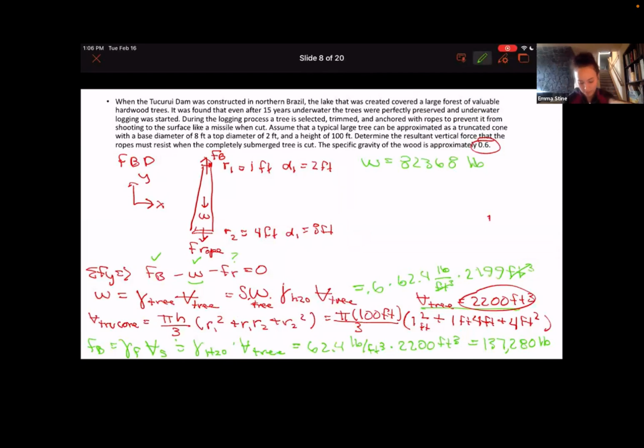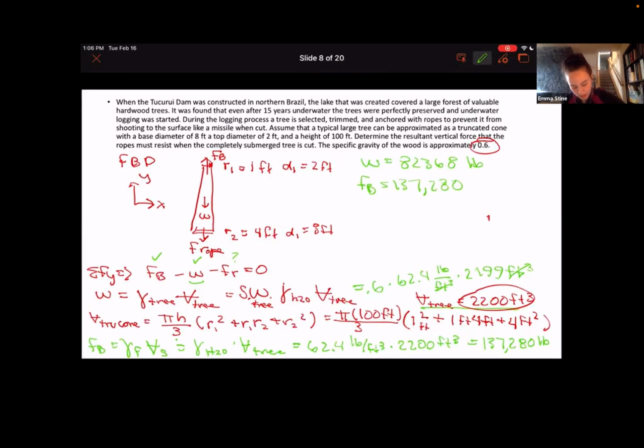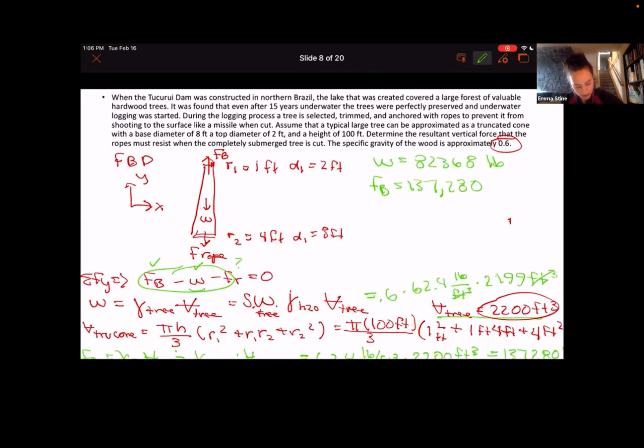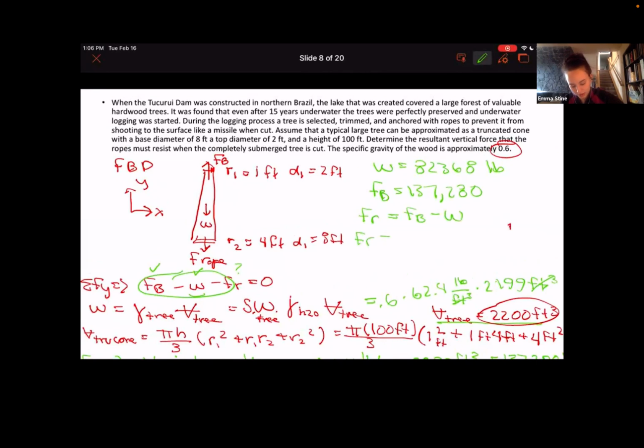Now we have force buoyancy equals 137,280, and from this equation, F ropes equals force buoyancy minus weight. So F ropes equals 137,280 minus 82,368 pounds. Gotta put pounds, even though I don't, you have to.